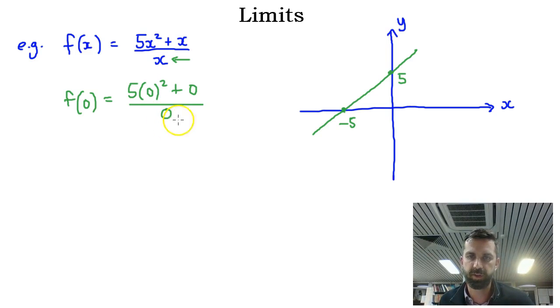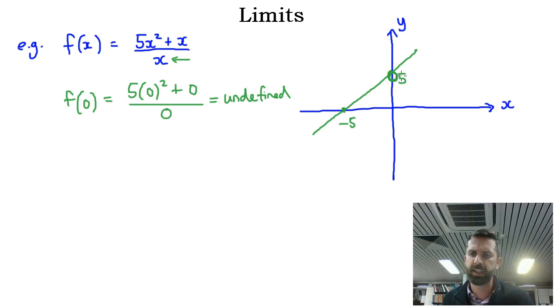Anytime you try to divide by 0, you get an undefined answer. So this point on the y-axis, although it will look like it's there when you graph it, we'll draw it as an open circle to show that the point doesn't actually exist, because at that point x is 0 and the function is undefined.